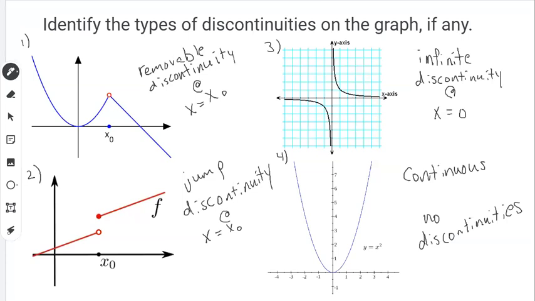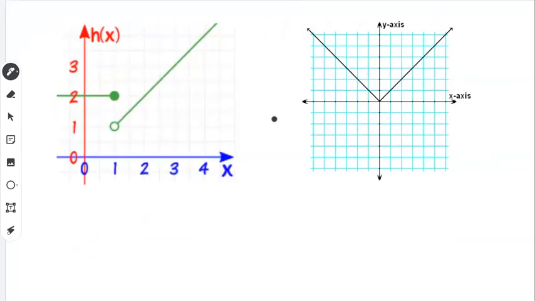Okay, so those are types of discontinuities that you may see on the homework. Okay, how about number 5 and number 6? Go ahead and sketch those and see if you can figure out where the locations of the discontinuities would be and what type of discontinuities they would be. Let's start off with number 5.